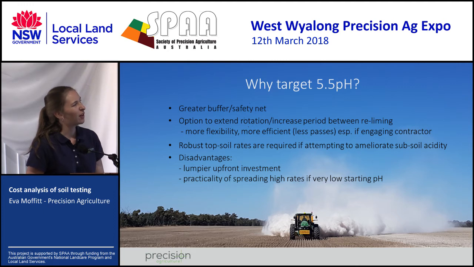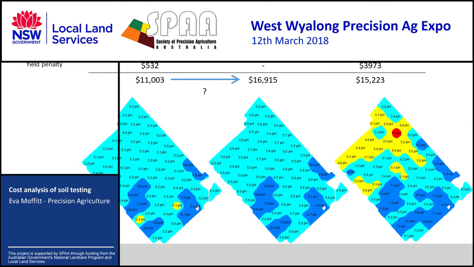Disadvantages: a lumpier upfront investment is the main one, and then also the practicality of spreading if you're starting at a very low pH. So that difference between these two, that $5,000 or $6,000, that's stored in the soil really.